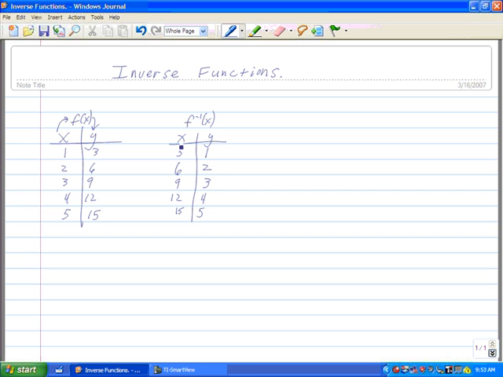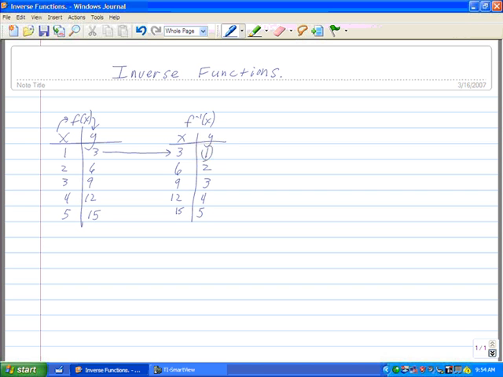In other words, this inverse function is taking the original outputs from the first function, putting them in, and giving back the original inputs. So in that sense, it kind of is the opposite.